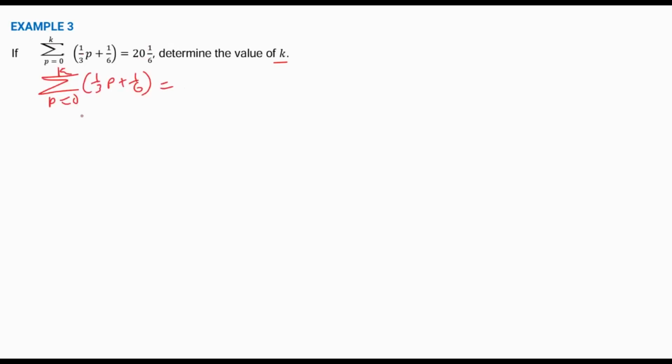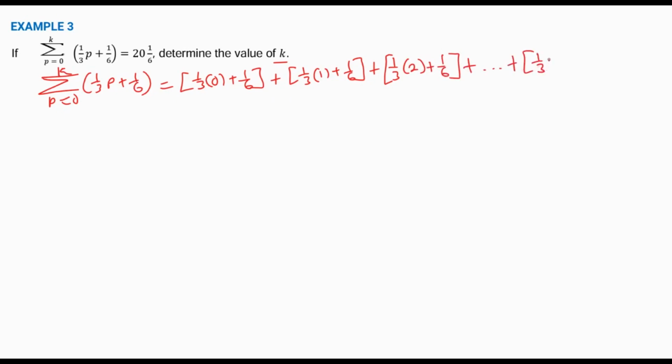And then it's equal to, where there's p, put 0: 1 over 3 times 0 plus 1 over 6, and plus 1 over 3 times 1 plus 1 over 6, then plus 1 over 3 times 2 plus 1 over 6, and plus, goes on like that till you get to 1 over 3k plus 1 over 6 to give us 20 and 1 over 6.